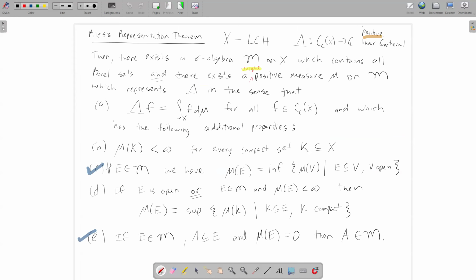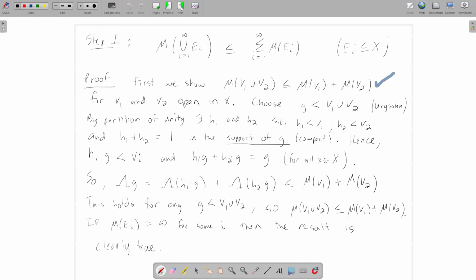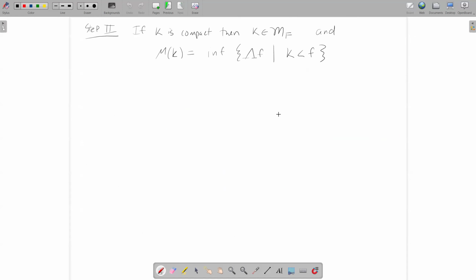So when I'm done with this, step two, we will have completed B here. Okay? So we're slowly chipping away. Okay. All right. So if K is compact, yeah, so this is what we're going to prove. Okay? So let's do it.